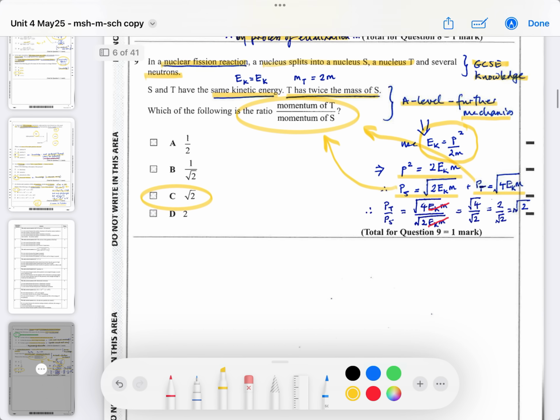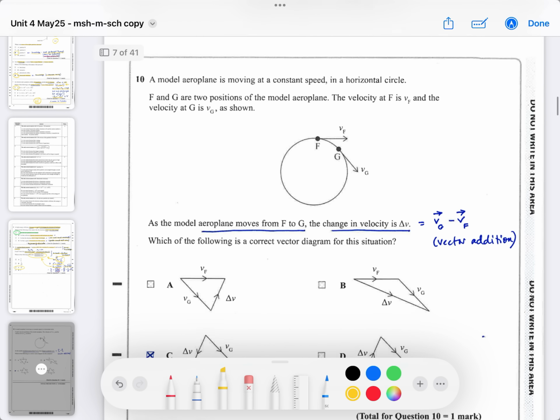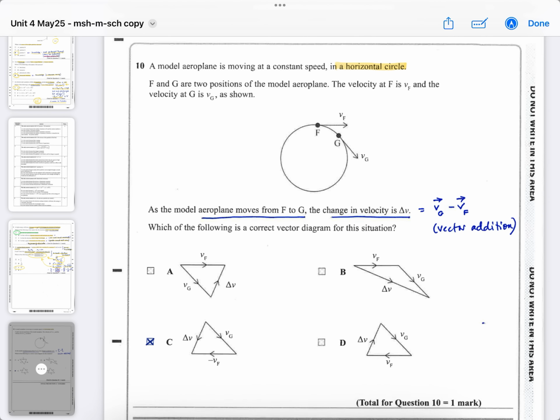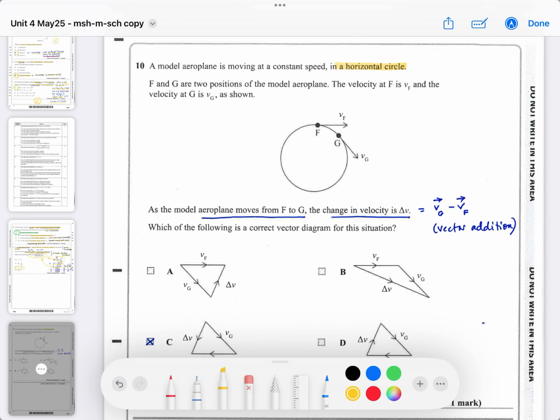Okay? And finally, question 10 is about circular motion. So a model aeroplane is moving at a constant speed in a horizontal circle. F and G are two positions of the plane a short time apart. The velocity Vf is here, and the velocity Vg is there, as shown in the diagram.